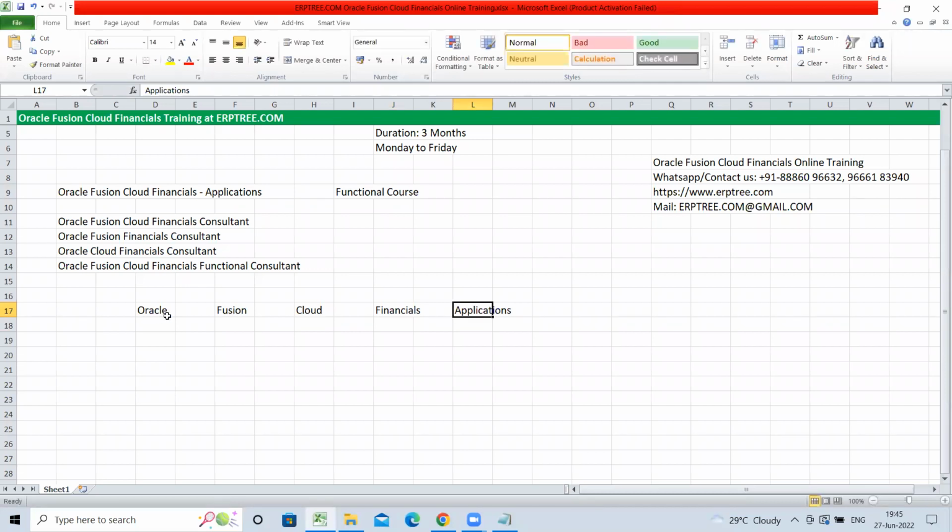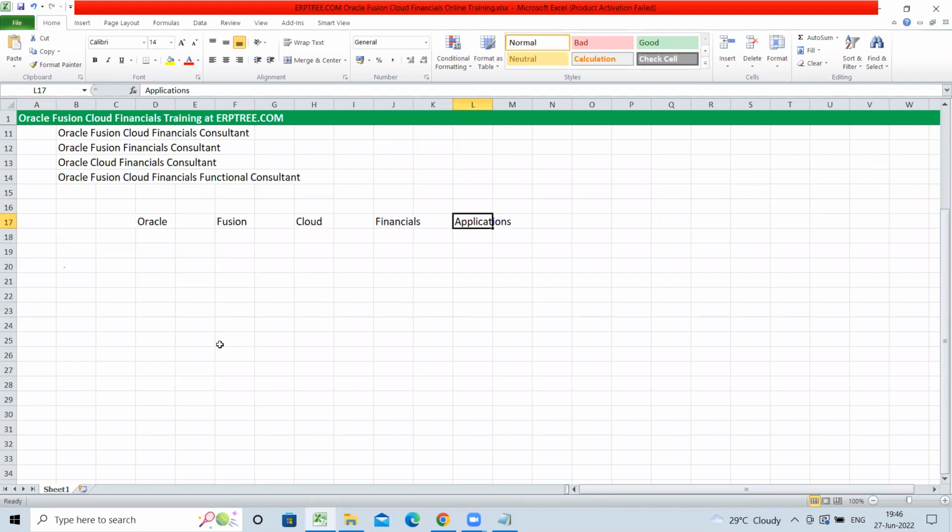First, let's try to understand the meaning of each. For people from an EBS background, whether functional or technical, about 50% of today's session is known information. The rest, definitely what Fusion Cloud means, we have to understand. So I'm going to cover everything from scratch.